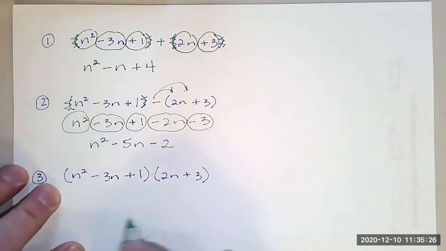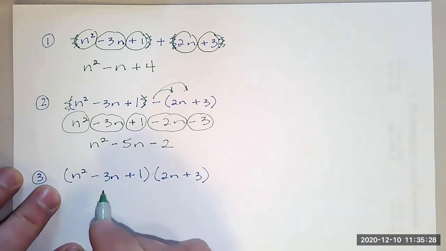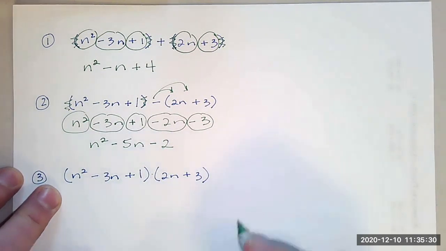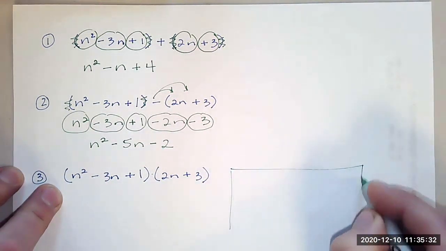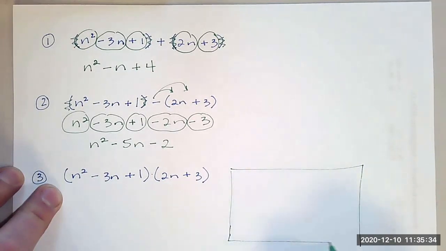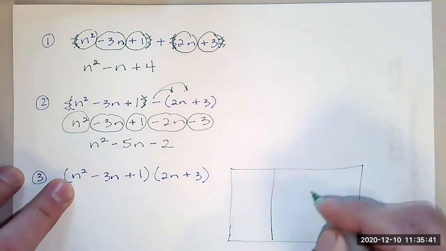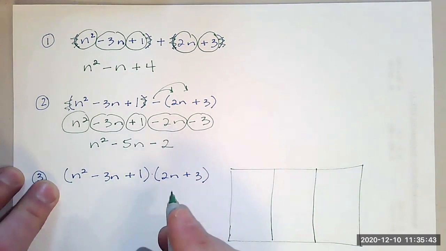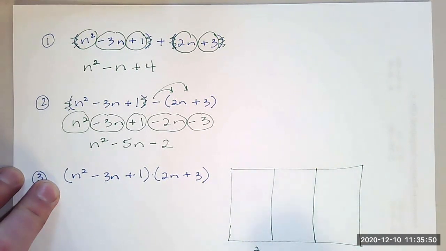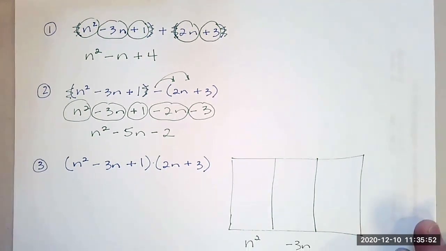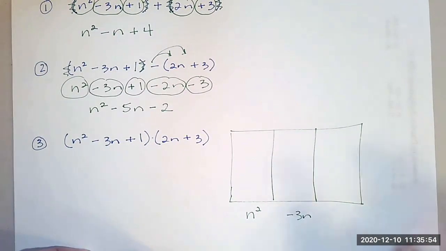So in this way, we can look at something as a base and a height. So the area model, if you recall from geometry, the area is the base times the height. The base we can define as any of those two terms or two polynomials. I'll say that this column is n squared, this one's negative 3n, and the last one's a positive 1.